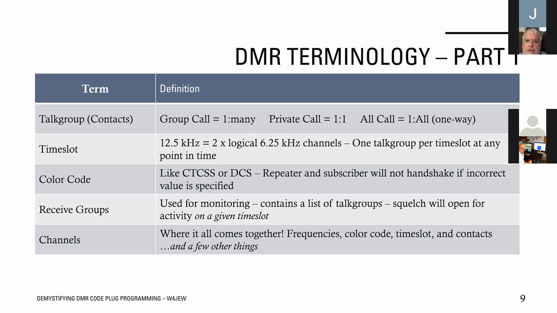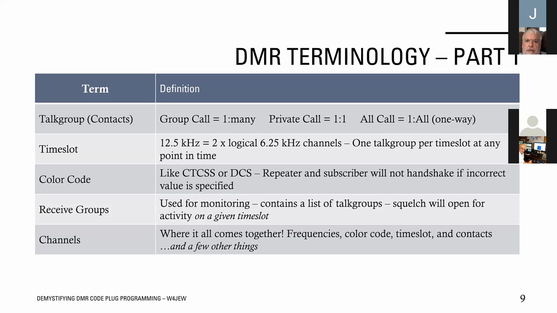A receive group. So a receive group is effectively telling the radio, I want to open the squelch up when I hear a particular talk group. By default, if you're using a channel that's configured for talk group 5, it's going to listen for talk group 5 no matter what.